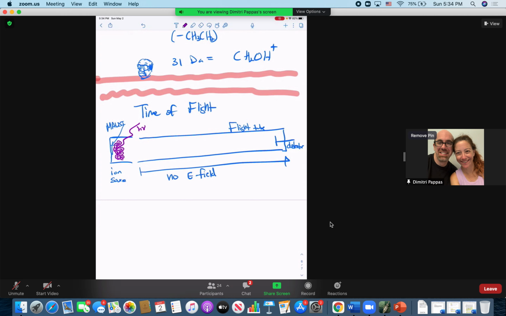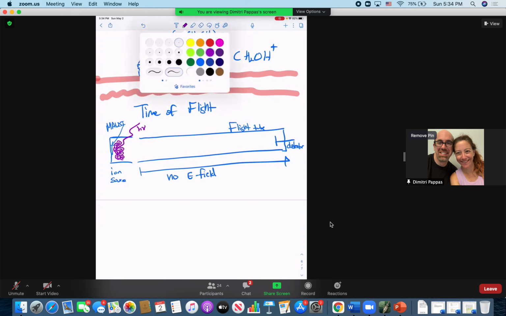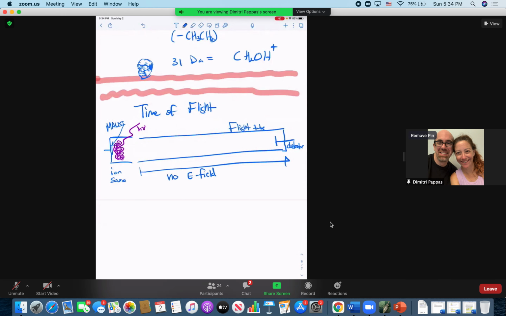Now we know that in post-source decay, we let them bounce around a while and fall apart. But what we do in time of flight is we accelerate our ions across this region. So I'm going to blow this up for a second. You've got the entrance to the flight tube, you've got your matrix crystal.